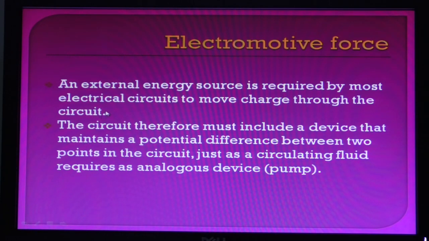Whenever we deal with a circuit diagram, what happens if we connect any resistor, any device, and we don't insert any source of energy, any source of current, that is a battery? Then the charges are unable to move. So what is required for the charges? They require energy, which could be utilized in their motion.